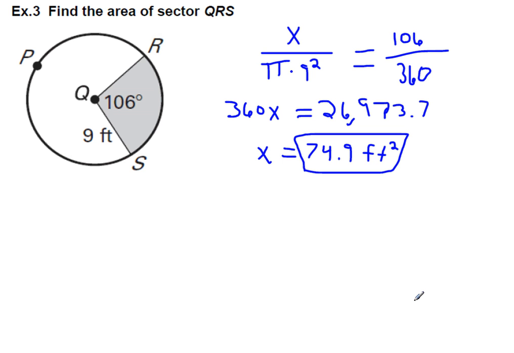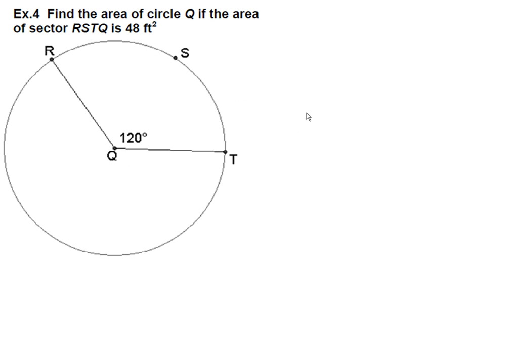Okay, so those last two we could just kind of plug into the formula, do our cross multiplying, and get our answer. Let's do a couple where you got to think and do a little bit more than that. All right, example 4. Find the area of the circle Q if the area of the sector is 48 square feet. So this time, we're kind of getting the answer, or at least the answer that we've had before. So we're still going to use the formula.